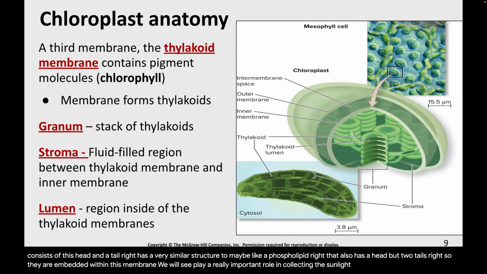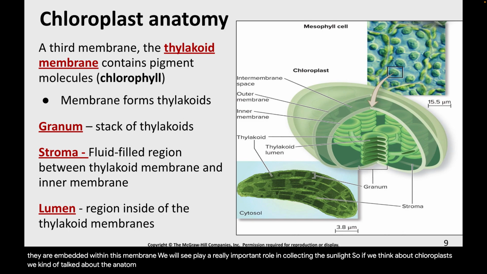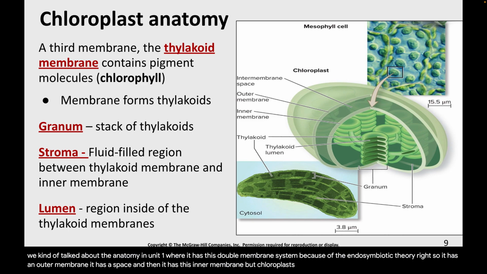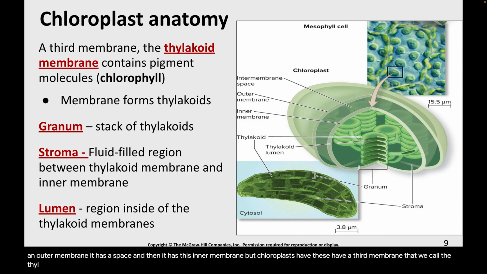I mentioned it was embedded in a membrane. If we think about chloroplasts, we talked about the anatomy in Unit 1, where it has this double membrane system because of the endosymbiotic theory. So it has an outer membrane, a space, and then an inner membrane. But chloroplasts have a third membrane that we call the thylakoid membranes.